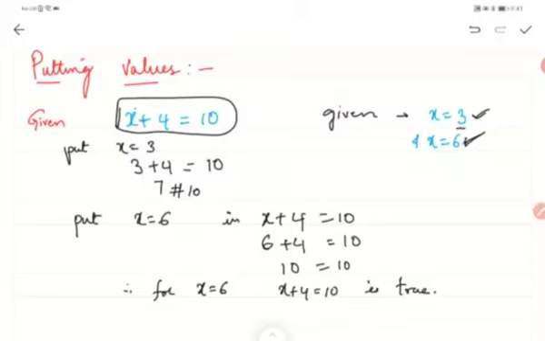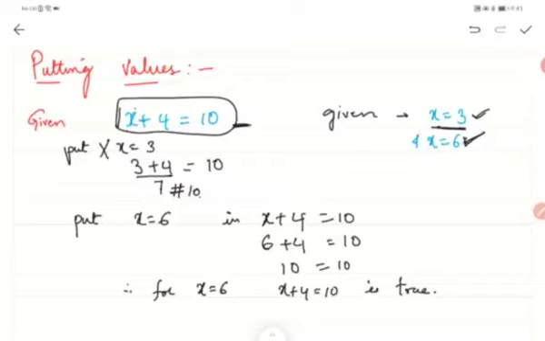First I took the given value x equal to 3. If I put that value in this equation x plus 4, that is 3 plus 4, we get 7. So 7 is not equal to 10, isn't it? So for x equal to 3, this is not true.